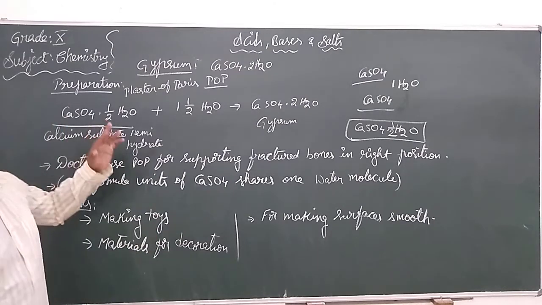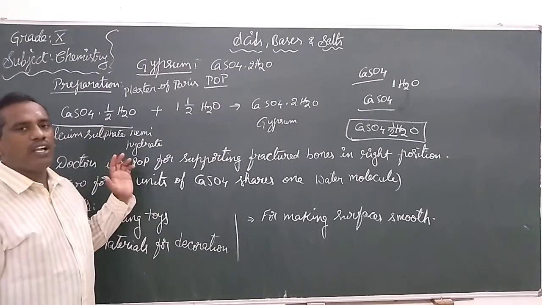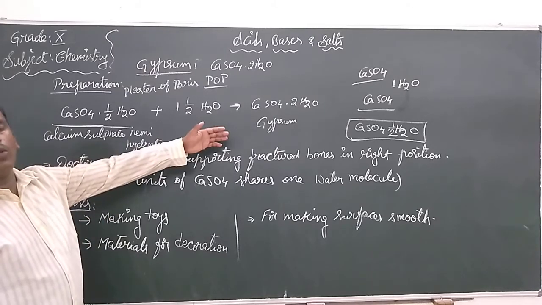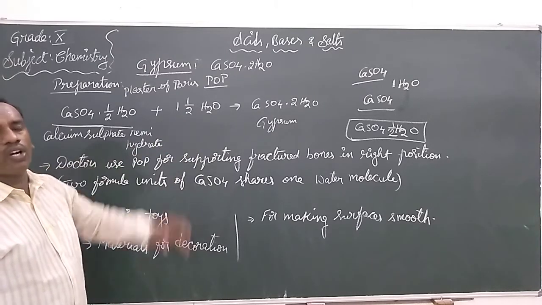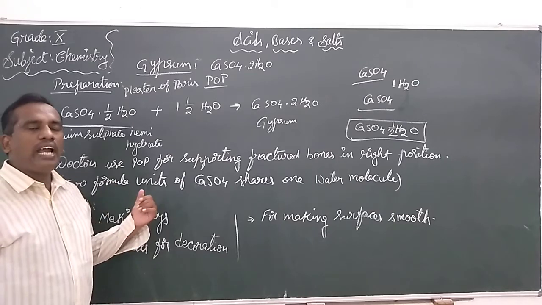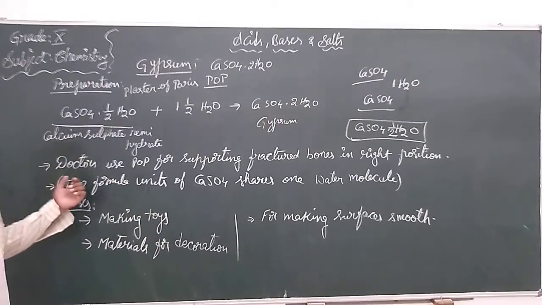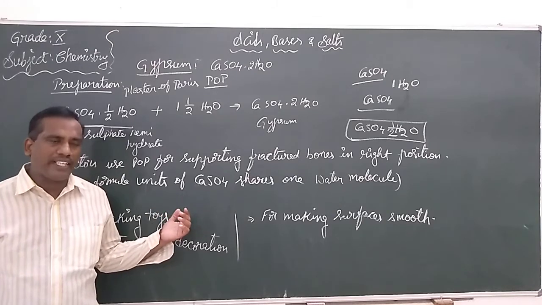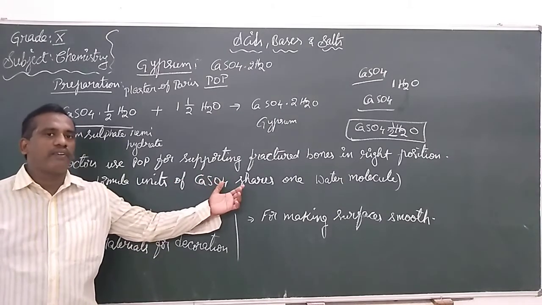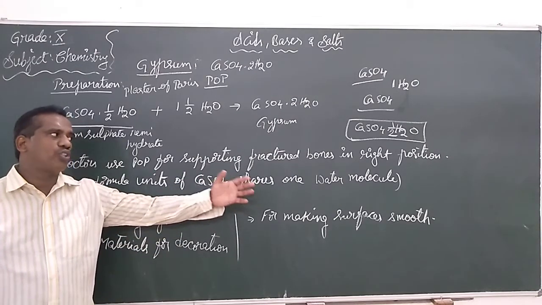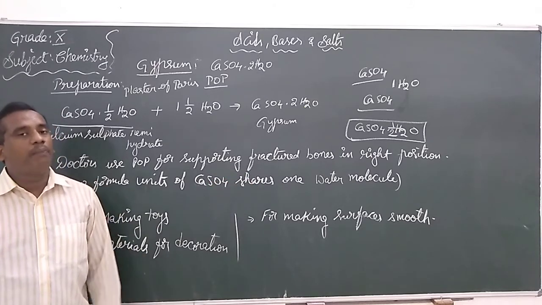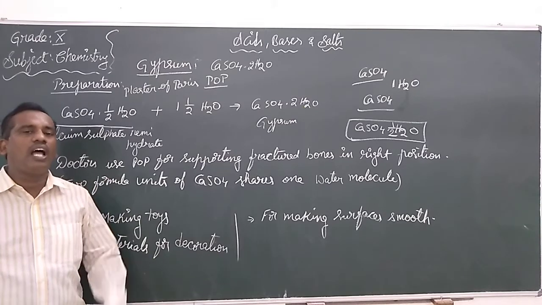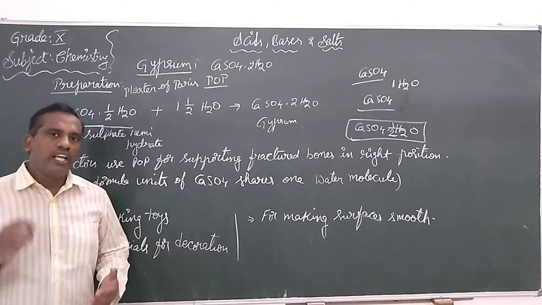So in the preparation of gypsum, when water is added to plaster of Paris, it is converted into gypsum CaSO4 2H2O. Where have we seen this? Doctors use POP, plaster of Paris, for supporting fractured bones in the right position.